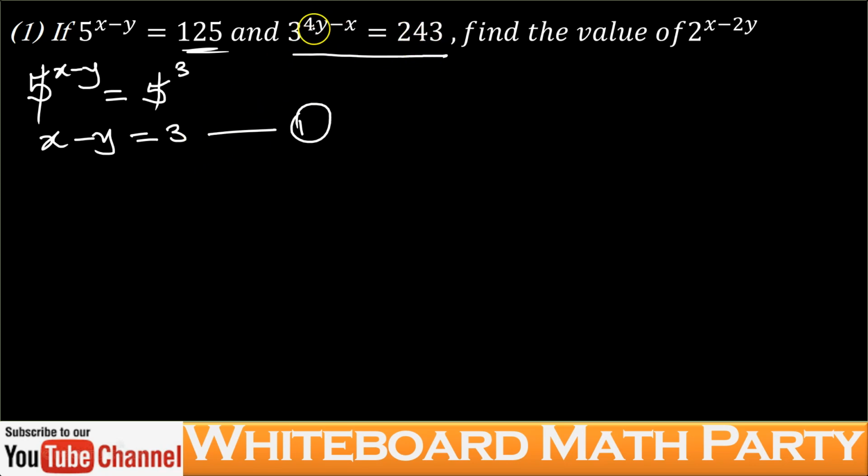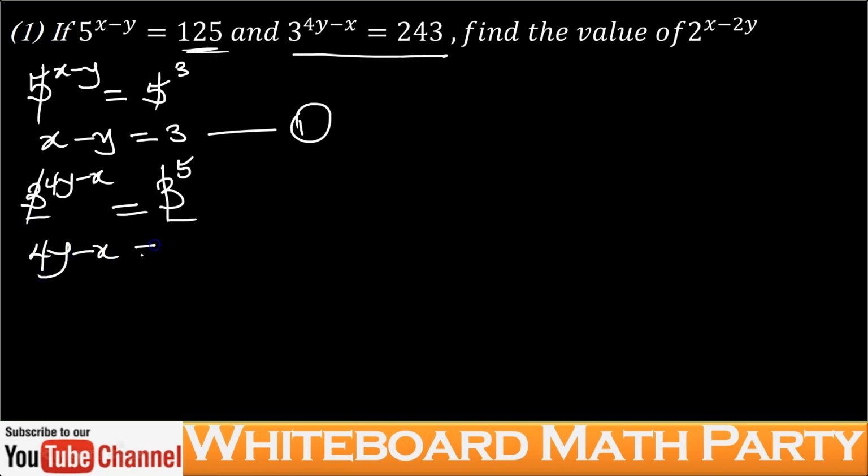For 3 raised to the power 4y minus x, I bring it down here. 3 raised to the power 4y minus x will now be equal to 3 to the power of 5. Now notice that the bases have become the same, so I can cancel them out and I'm left with 4y minus x is equal to 5. This can be seen as our second equation, equation 2.